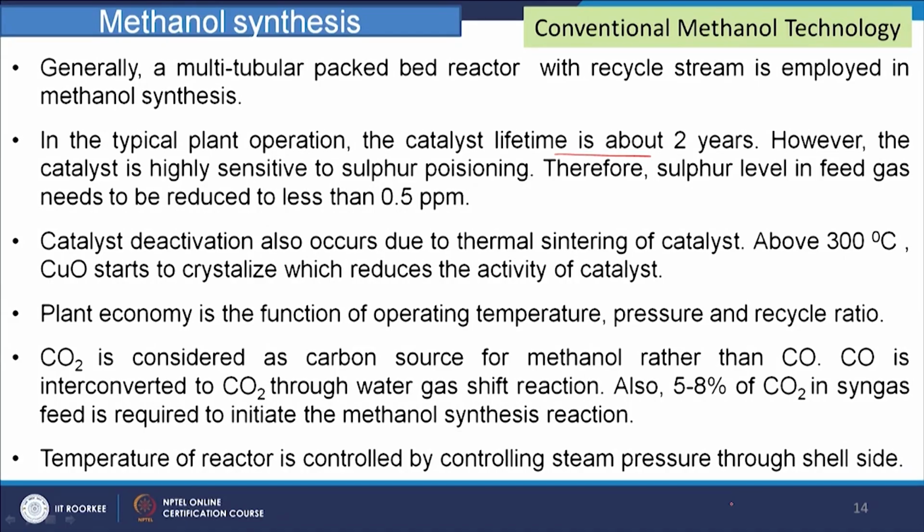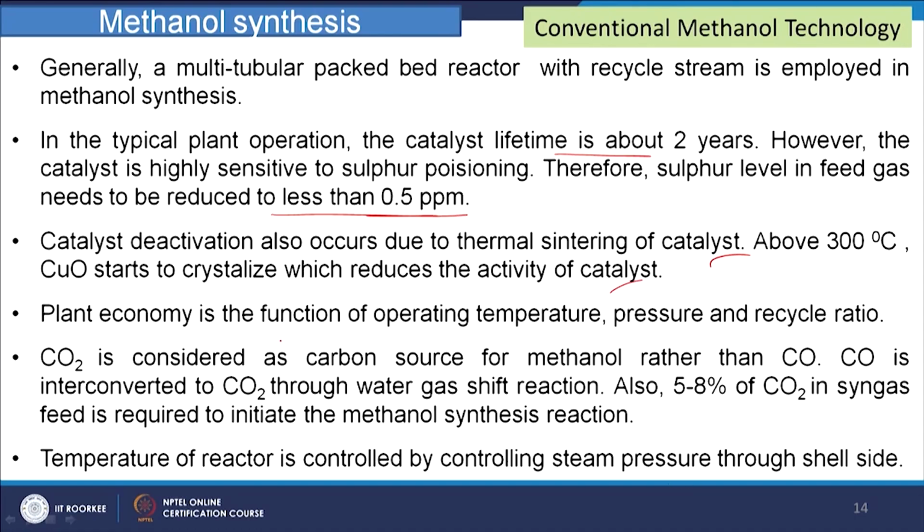So, sulfur in the syngas should be less than 0.5 ppm. Catalyst deactivation also occurs due to thermal sintering of the catalyst. Above 300 degree centigrade copper oxide starts to crystallize, which reduces the activity of the catalyst.